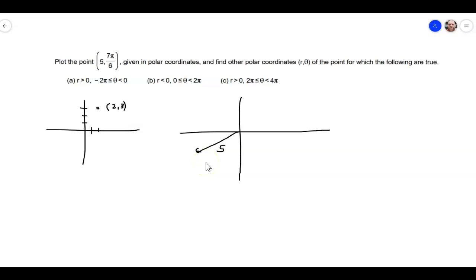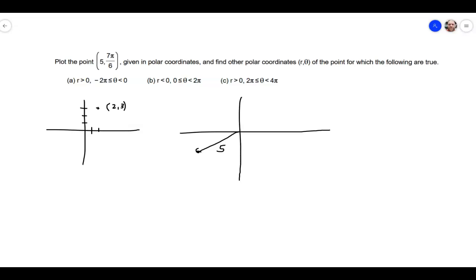Now there's also an alternate way we can do this. We define a negative radius as going in the opposite direction, 180 degrees away from whatever direction we're pointed in. So what is 180 degrees away from 7 pi over 6? Well, that would just be 7 pi over 6 minus pi.